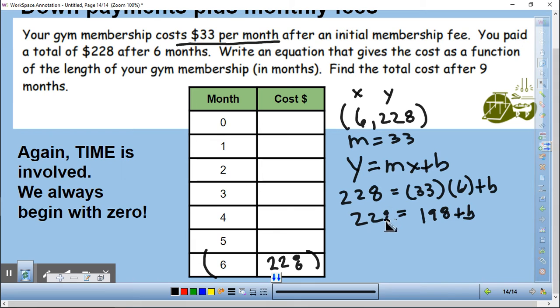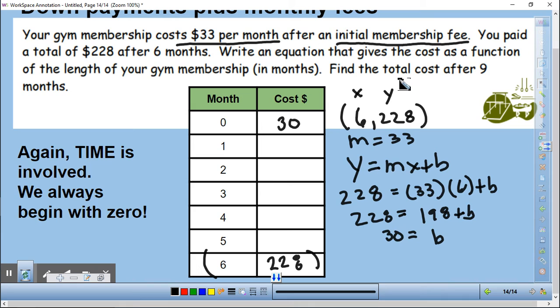When I subtract 198 from 228, I discover that b, my y-intercept, is 30. That is the initial membership fee. The place where I start is 30.